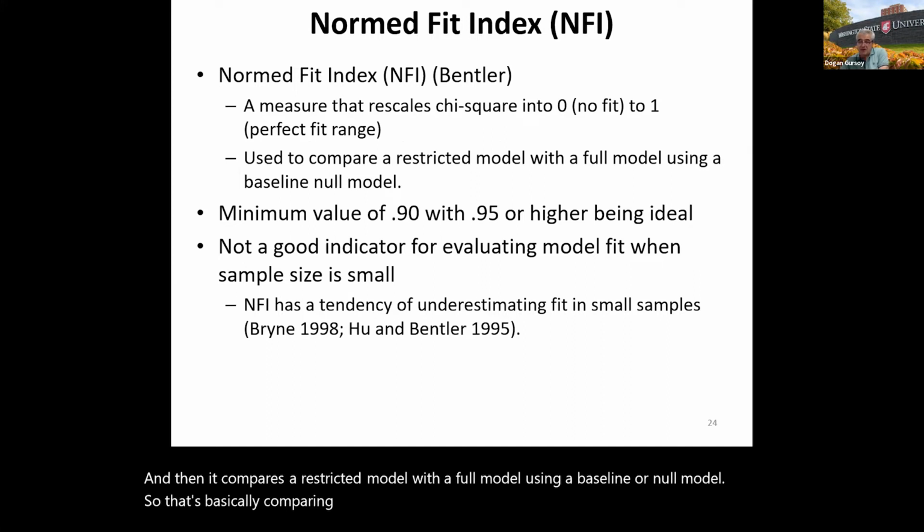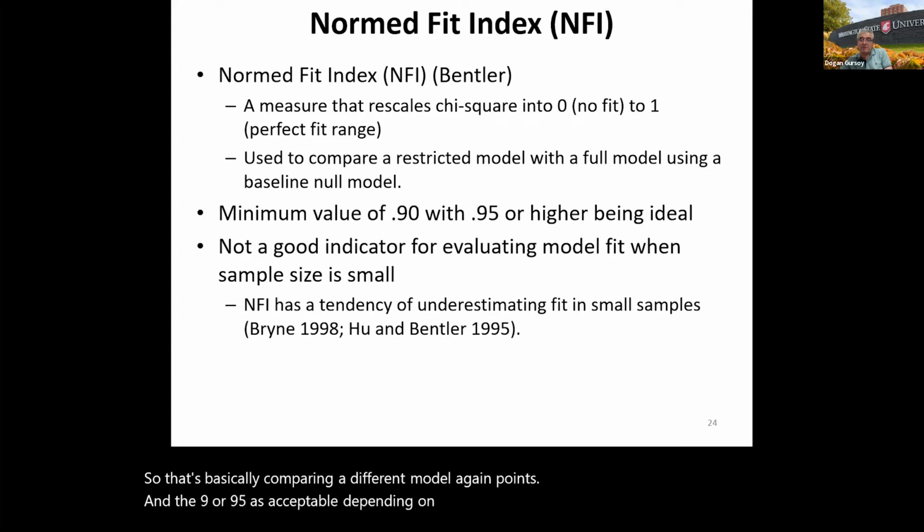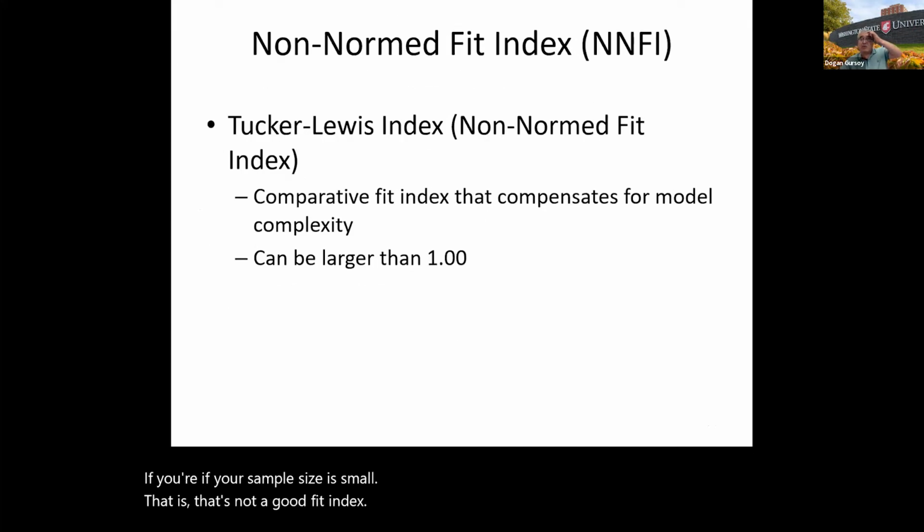Again, 0.9 or 0.95 is acceptable depending on the complexity of the model. If your sample size is small, then it's not a good fit index. Then we have the non-normed fit index. It's a comparative fit index.